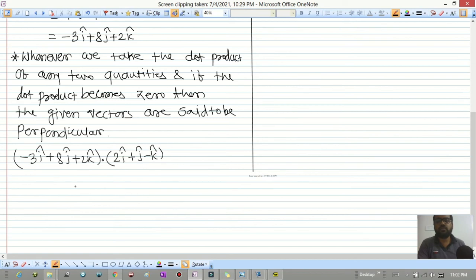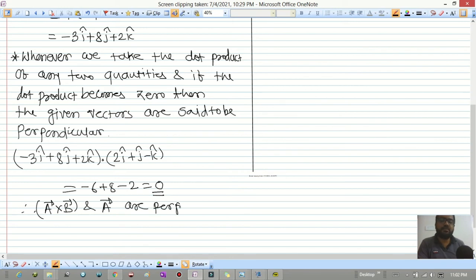If I take the dot product, -3 times 2 is -6, plus 8, minus 2, it will become 0. Therefore we can conclude that A bar cross B bar and A bar are perpendicular to each other. Likewise, you can prove it for B bar.